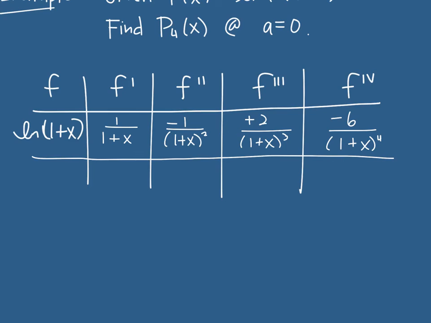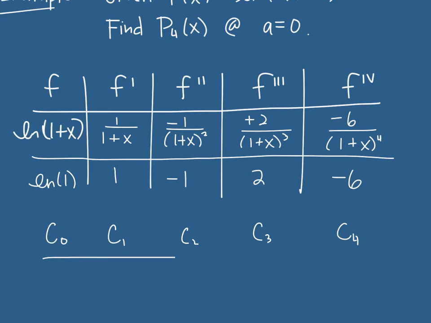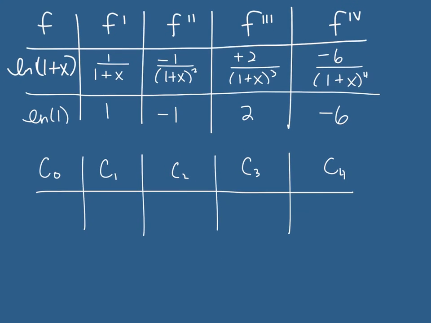So plugging 0 into the first one, I get the natural log of 1, which is 0. I plug 0 into the next one and I get 1. The next one, negative 1. The next one, 2. And the last one, negative 6. So then my coefficients for my polynomial are going to take those derivative values and divide them by the factorial.